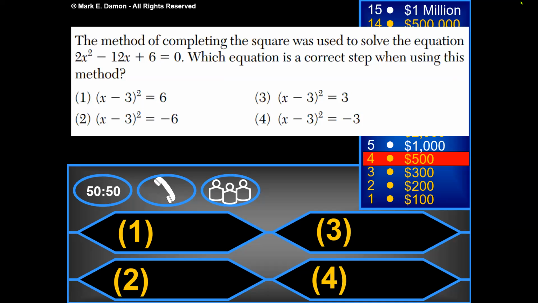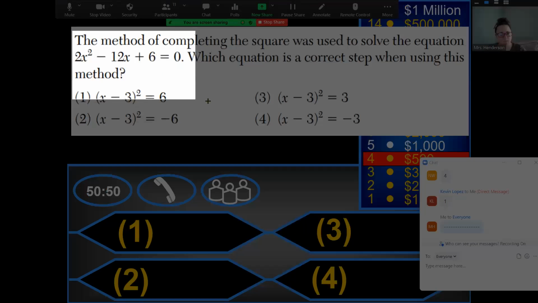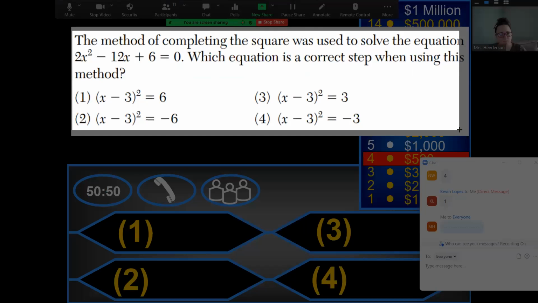Hopefully you're using full screen so you can see the whole question. Sorry, I just want to screenshot this.